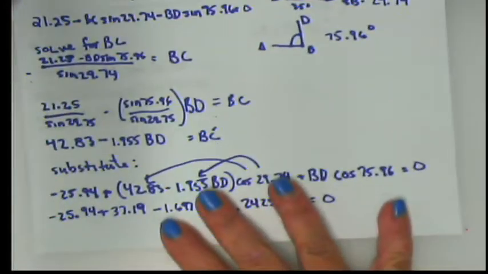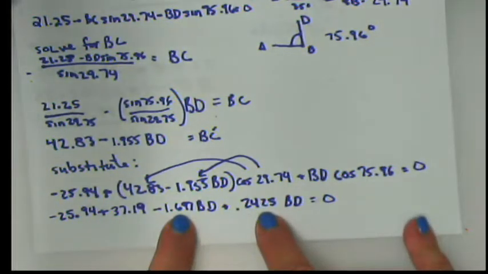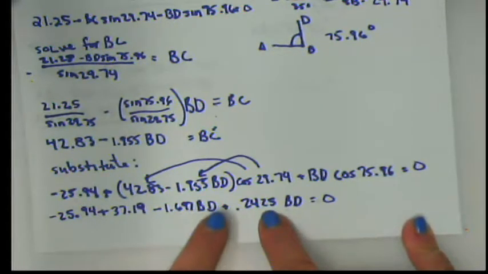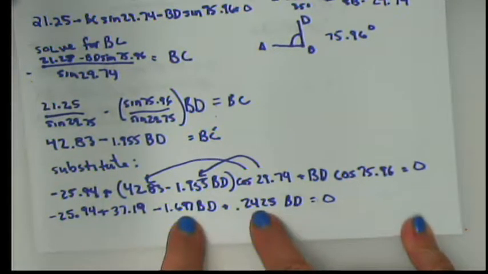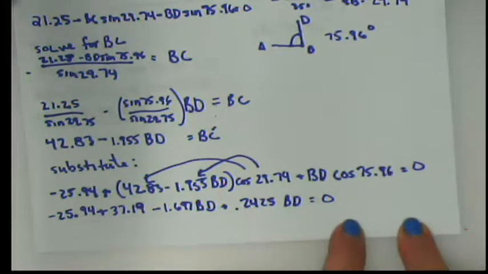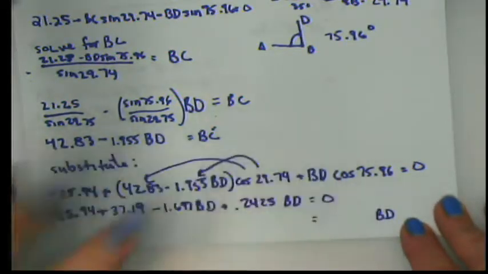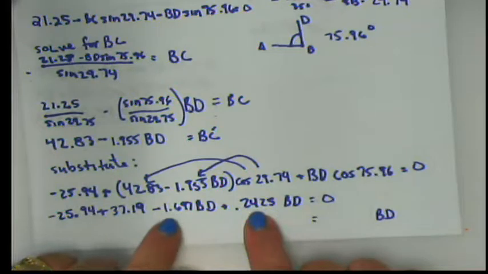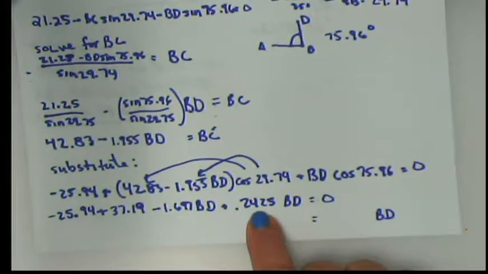Okay, now the reason I did this simplification step was because what you can see is that on the left-hand side of the equation, BD is going to be negative, isn't it? So what I want to do is to take, well, I guess I would say this minus this, and then bring it over to the other side as a positive. So in other words, BD times, numerically it would be 1.697 minus 0.2425.